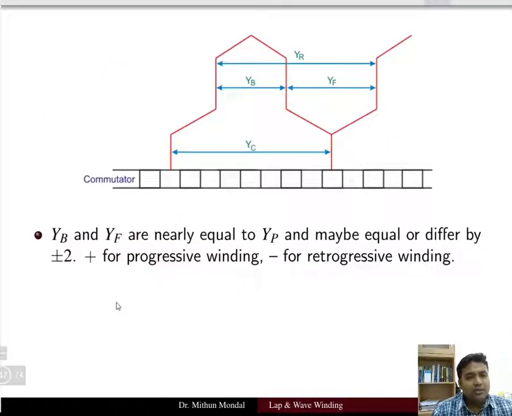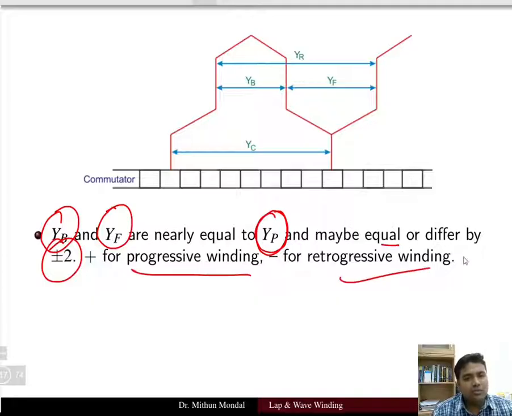So here in this case we find that the back pitch and front pitch are nearly equal to the pole pitch and may be equal or differ by plus minus 2, where plus is for progressive winding and minus is for retrogressive winding. So both back pitch and front pitch are generally equal to the pole pitch.